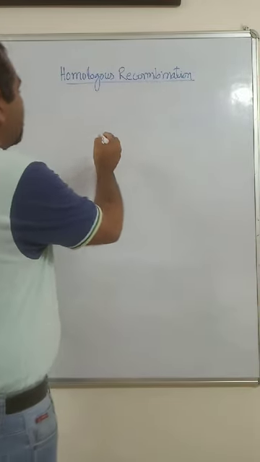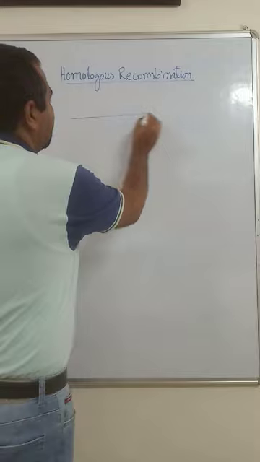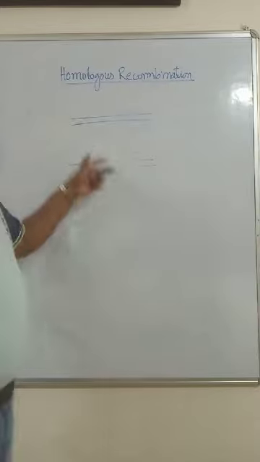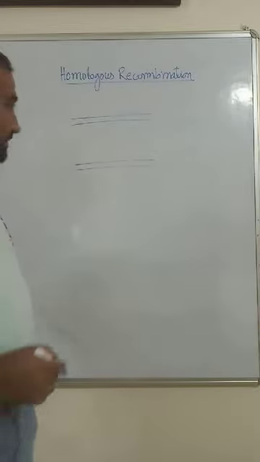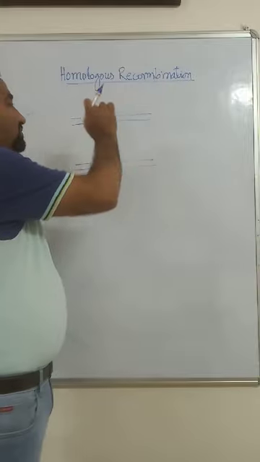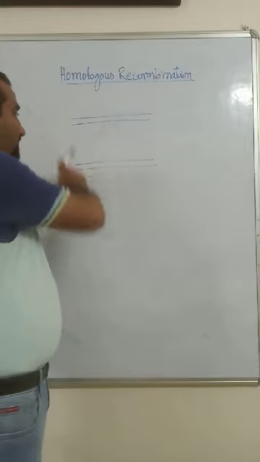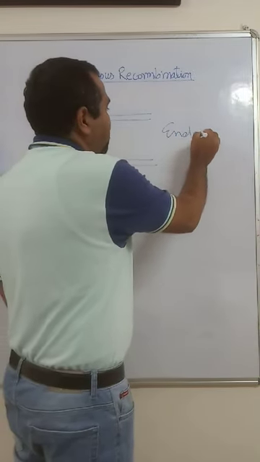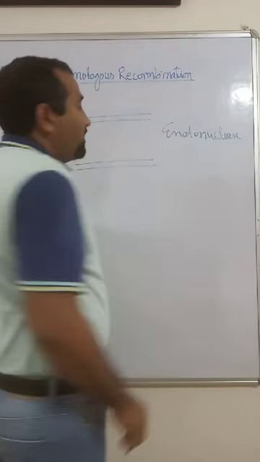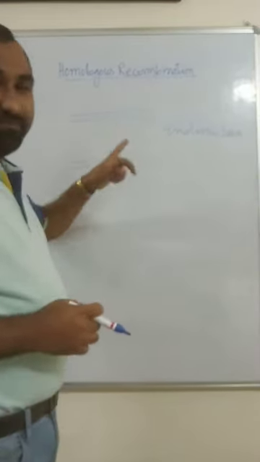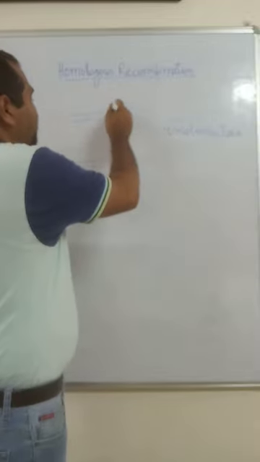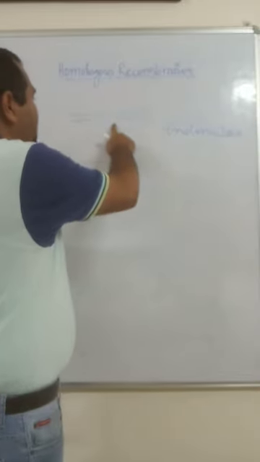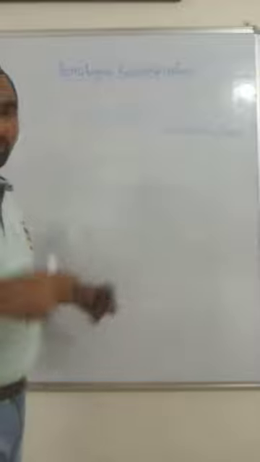Suppose these are two homologous chromosomes, and on one chromosome of this homologous pair, the endonuclease enzyme works. Endonuclease enzymes always cut at the mid portion of the DNA. So if this endonuclease cuts at this portion, it will have a nicked DNA, that is open DNA.